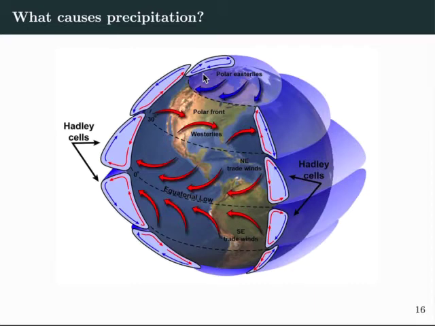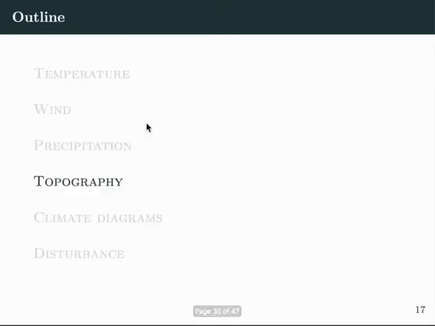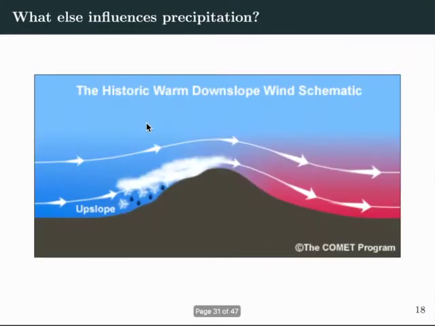The other thing, in addition to these major air cells and these persistent low and high pressure areas leading to major global patterns of precipitation, another very important one for us is that which is caused by topography. Now imagine that we have a mountain, which is what we mean by topography, the shape of the landmass.